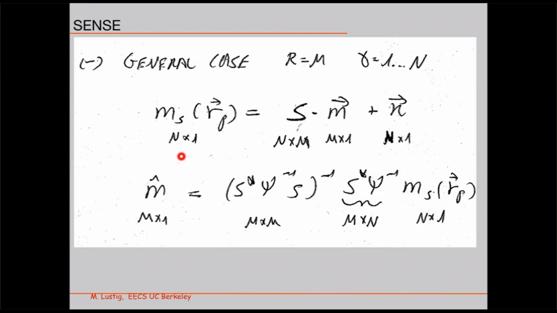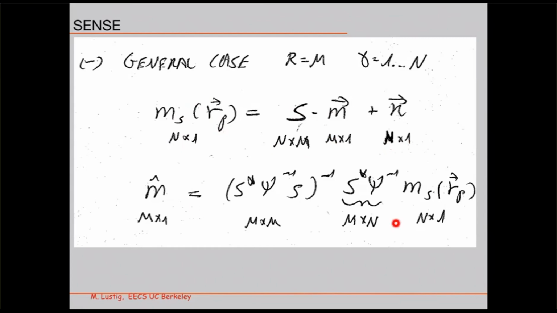Why? Because there are n coils. What are we going to reconstruct? We're going to reconstruct m pixels, because m are folding on top of each other. So S would be an n by m, and the noise, of course, will be n by 1. You can do the math yourself if you want, looking at the N and M dimensions.